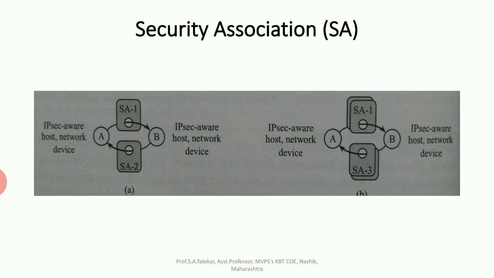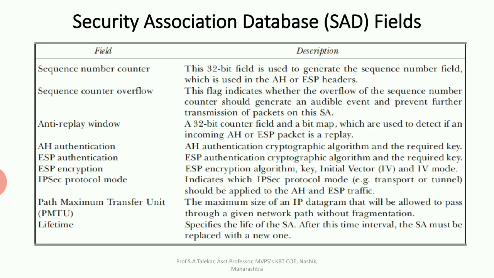The SPI is carried in the IPsec header and is used by the receiving entity for identifying the security association in its security association database. Now the third component we have to discuss is the security association database. Active security associations are held in the security association database, and this SAD contains the parameters of each active security association. Some of the security association parameters are listed here.